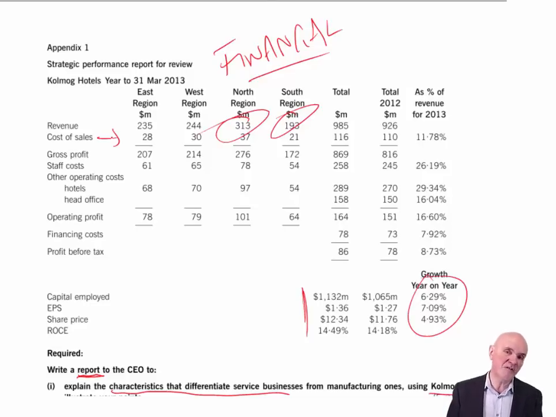It's not like manufacturing, where the cost of material and direct labour is usually a very high proportion of the revenue. We have staff costs, but with these other operating costs, it might be quite interesting to know what those are.